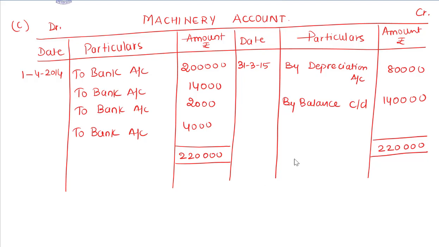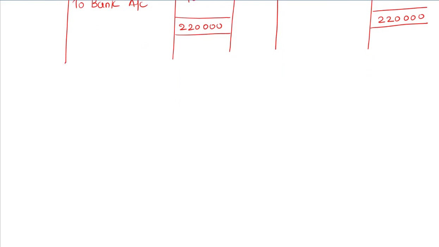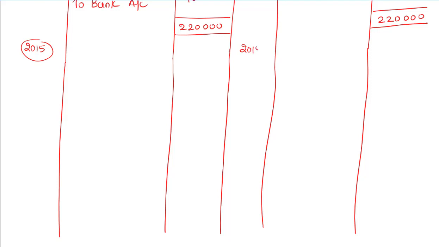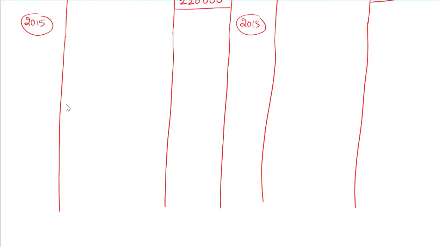Let's account for 2015 now. 1st of April 2015, to balance brought down 1,40,000. On 31st March 2016, we need to calculate the depreciation.